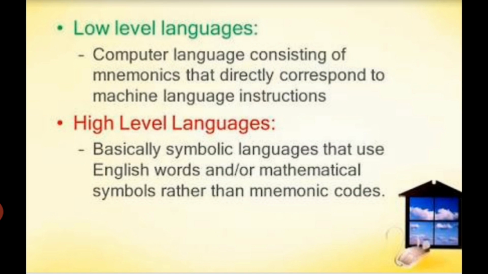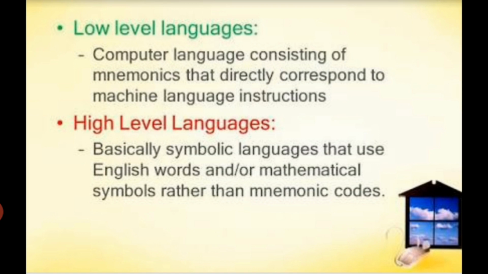Low level languages are machine oriented languages, and these languages require extensive knowledge of the computer and its hardware. So in order to use low level languages, being a programmer, we should have extensive knowledge of the computer and the hardware.